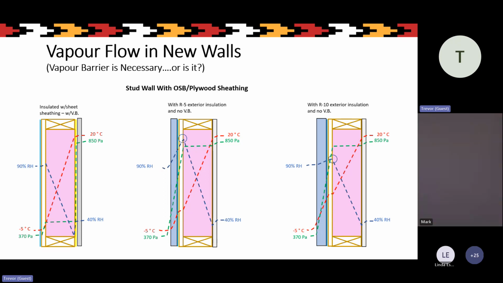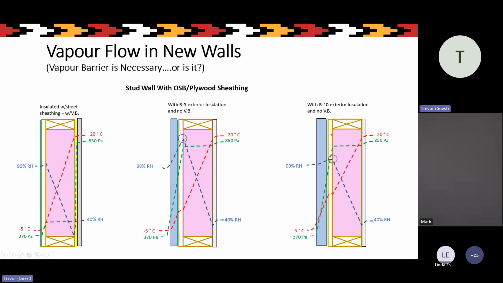But the idea being that even without a vapor barrier on the inside, you can avoid condensation due to vapor flow by just warming up this condensation plane, this OSB that is not as vapor open as our old board sheathing used to be, right? So that's another way to deal with it. We can deal with it by stopping vapor flow. We can deal with it by warming up our condensation plane.